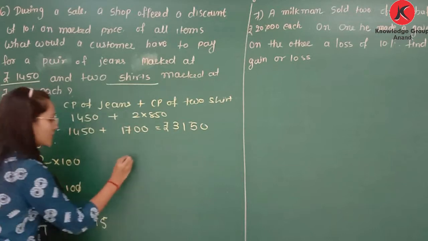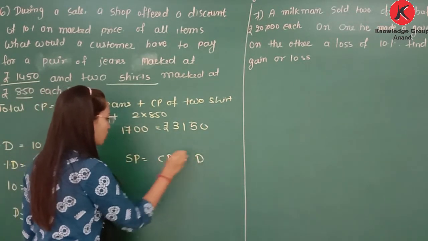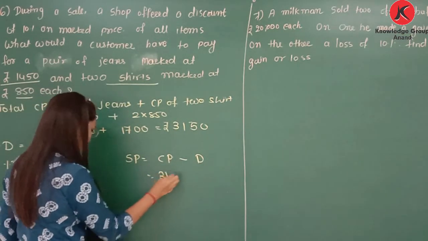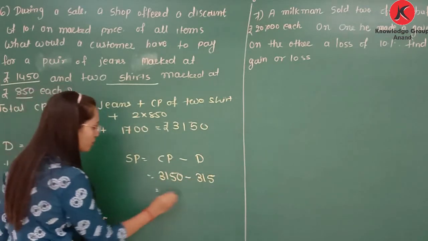Now we can find the selling price is equal to CP minus discount. You can consider this as the marked price. 3150 minus 315. So perform the subtraction.